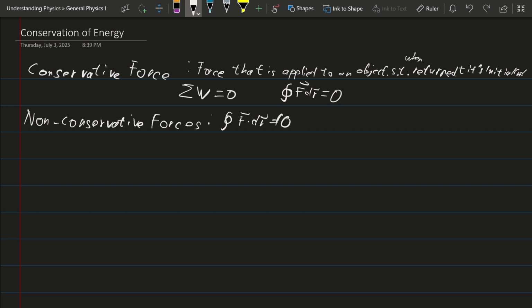So what is the best way for you to think about this? Let's say you are pushing an object in a circle, and let's state that there is no friction here.